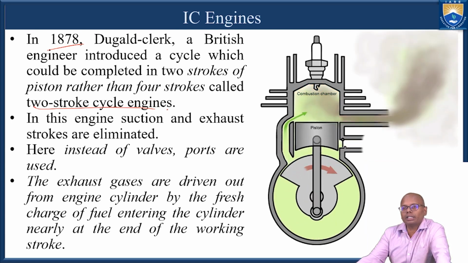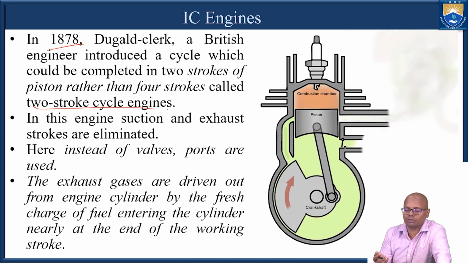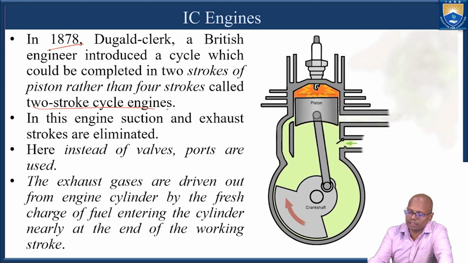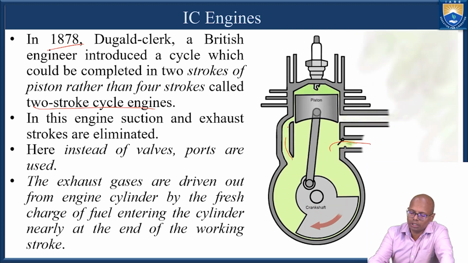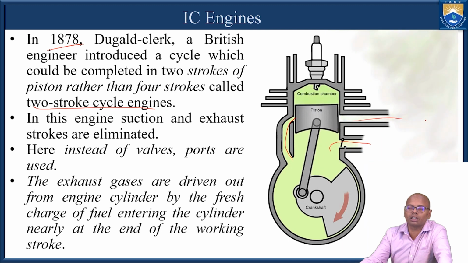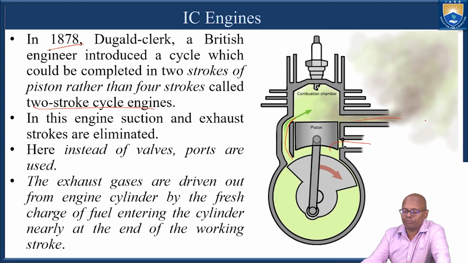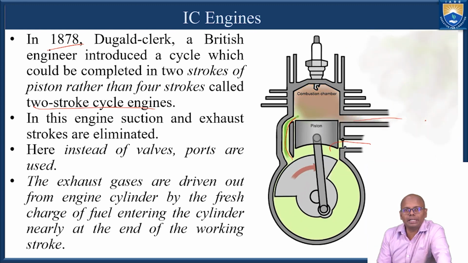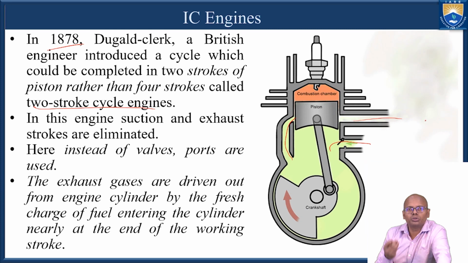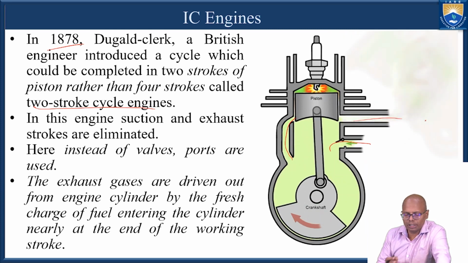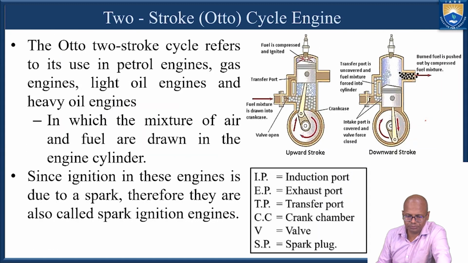Here, what he did is he removed the inlet valve and exhaust valve. In place of that, there are an inlet port, a transfer port and an exhaust port, and using these three ports, he completed the four strokes of the IC engine in two strokes. We'll see how that two-stroke engine works.